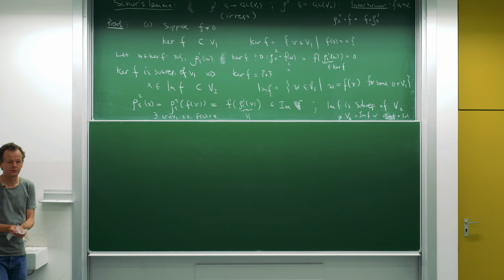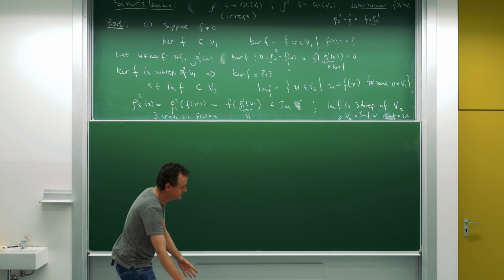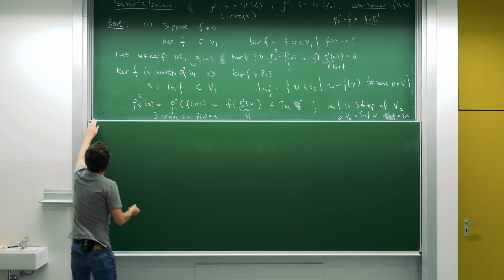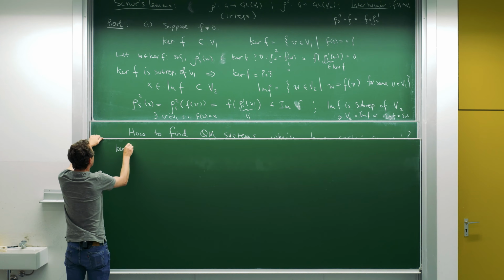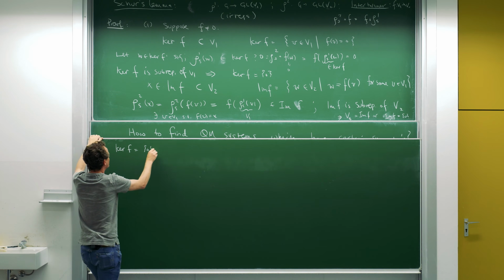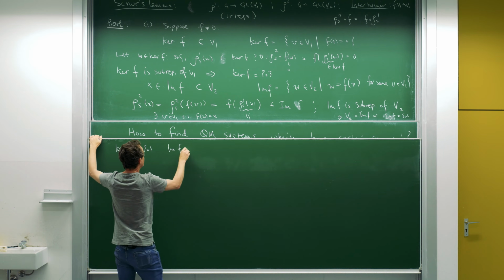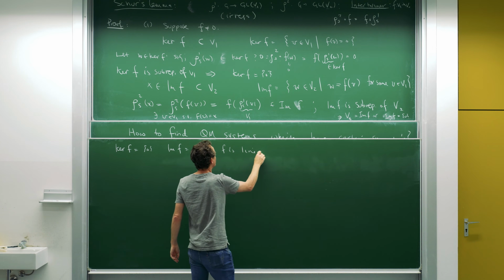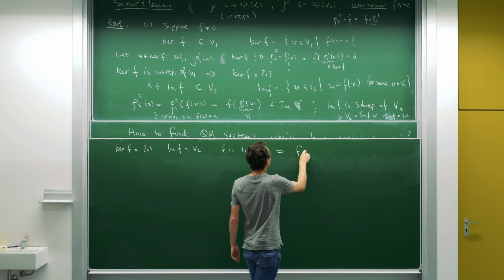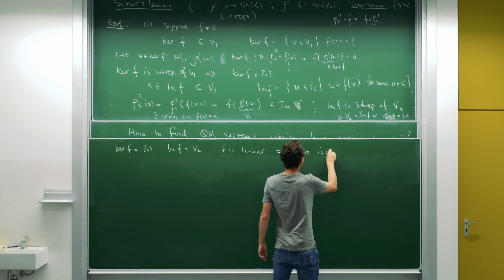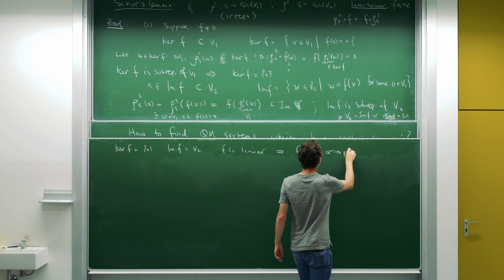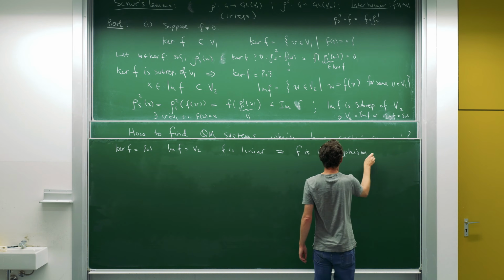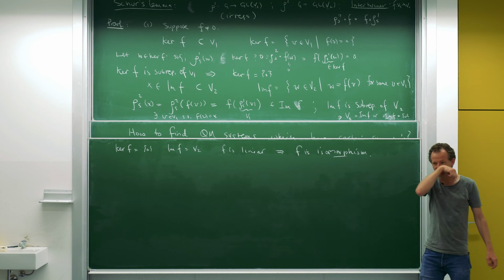So either f is 0 or it's an isomorphism. Right? So kernel of f equals nothing, image of f equals V2, f is linear by assumption. So f is an isomorphism of vector spaces.